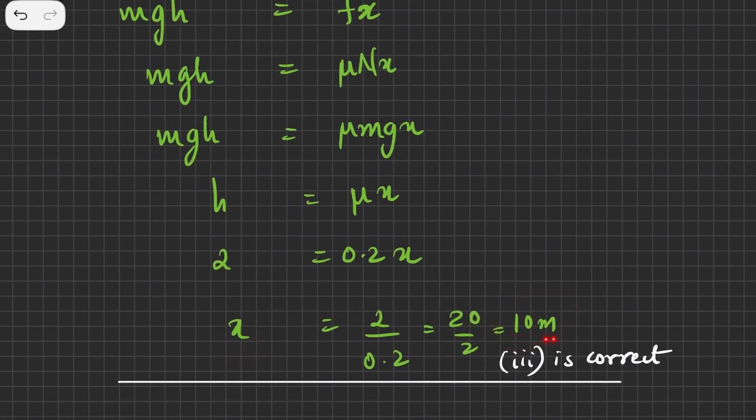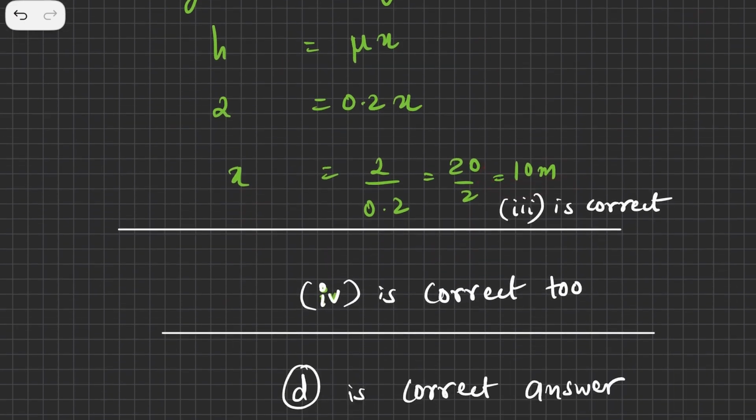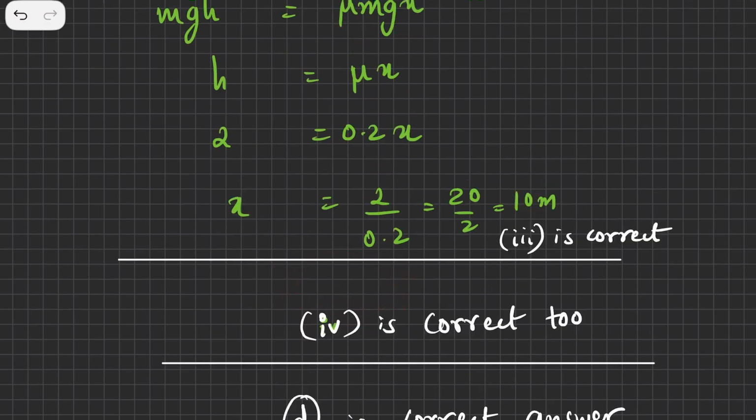That means the ball does not have enough energy to do the work fully. It is able to do the work only half. So it is not able to go forward to the rest of the part, and it is not able to climb the height as well. So that's why x settles at 10, and the fourth option is also correct.